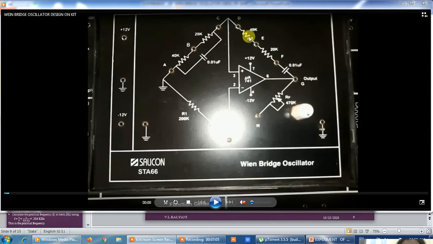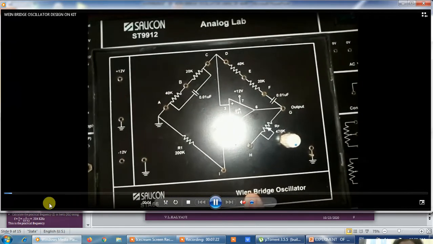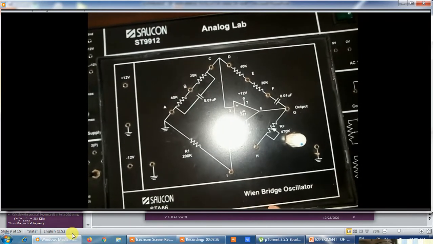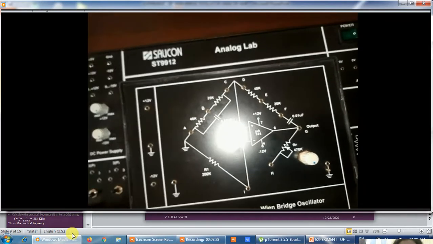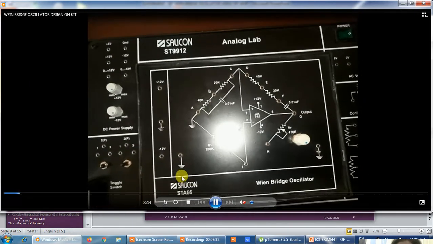Similarly, if you want to choose this 40k, then you have to short these terminals. So let's perform the experiment. As you can see over here, this is the circuit diagram.